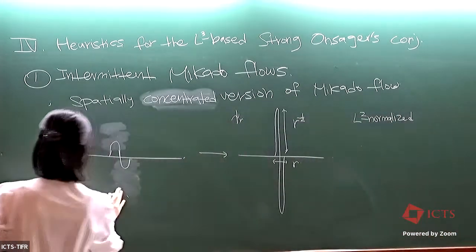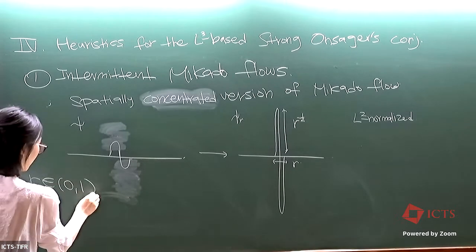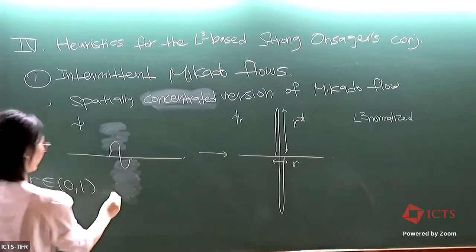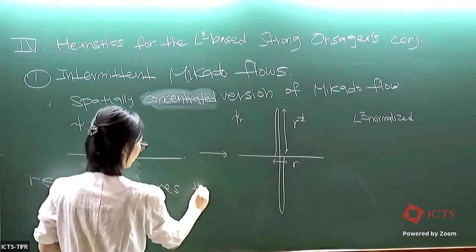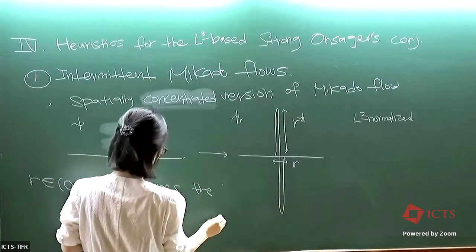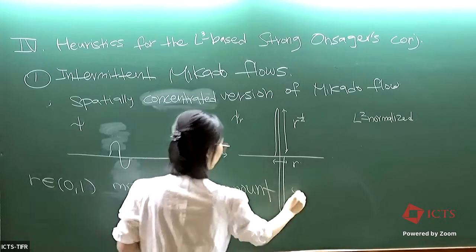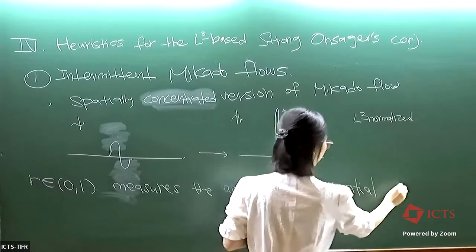So now let me give some comment about this parameter R. This parameter lies between 0 and 1. And as I just mentioned, it measures the amount of spatial concentration.